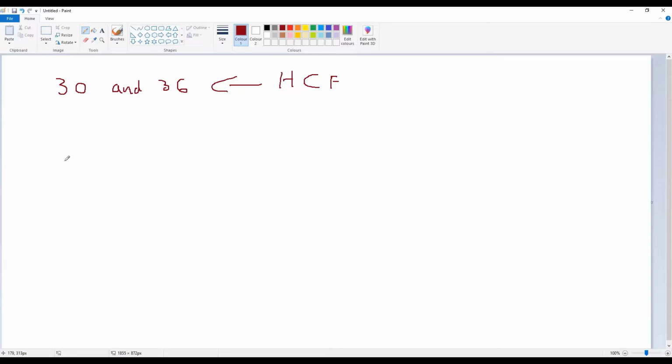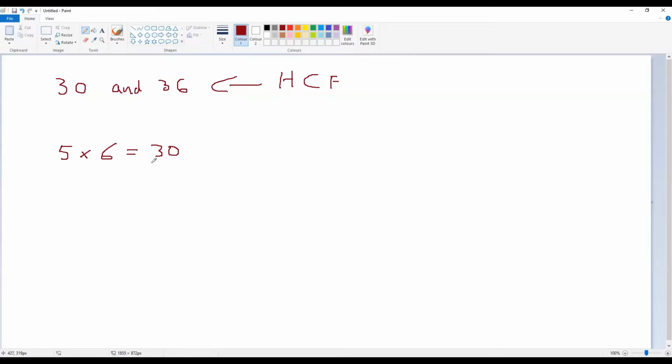Look at 30, for example. Well, how do you get 30 through multiplication? Well, to get 30, you could multiply 5 by 6. All right, that'll give you 30. So that immediately tells you that 5 and 6 are factors of 30.